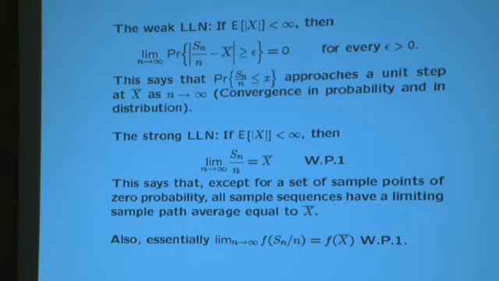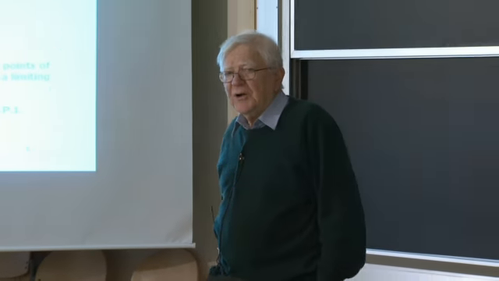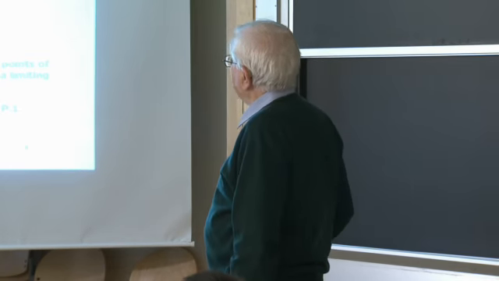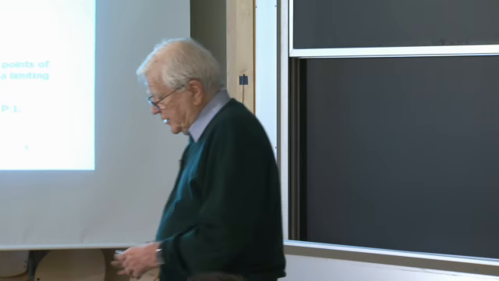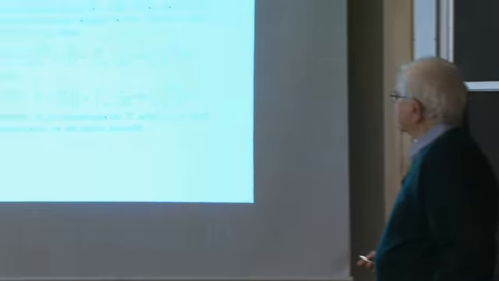And that's the thing which is so useful for renewal processes, and it's what usually makes the strong law of large numbers so much easier to use than the weak law. Okay, so that's a plug for the strong law.